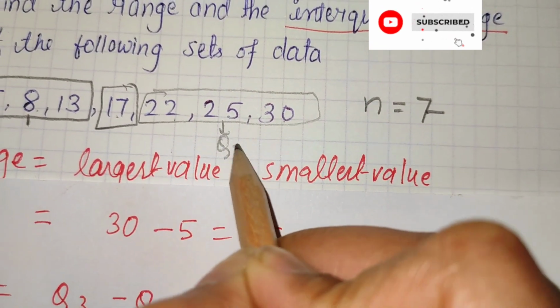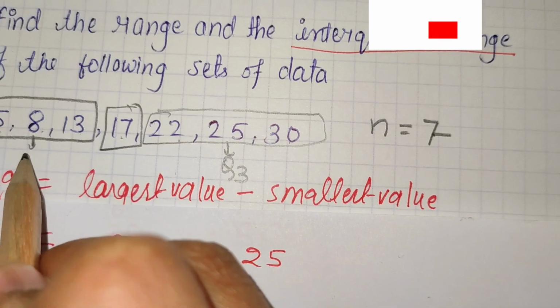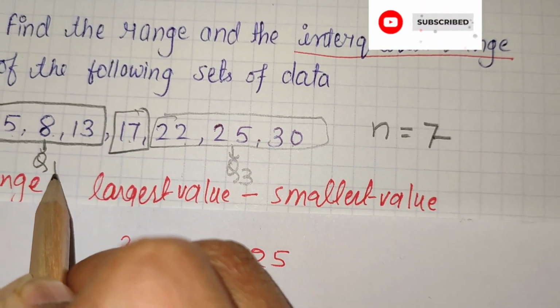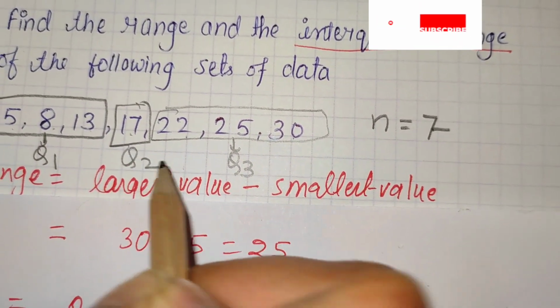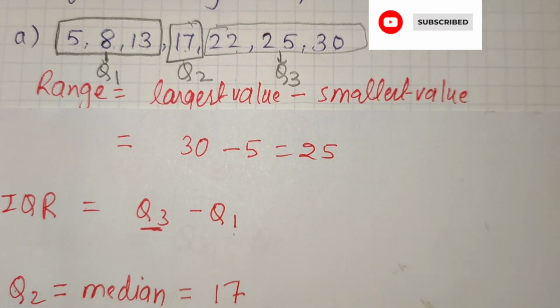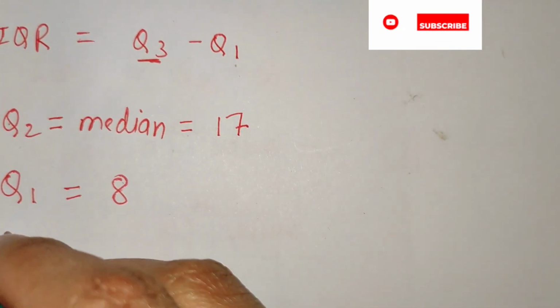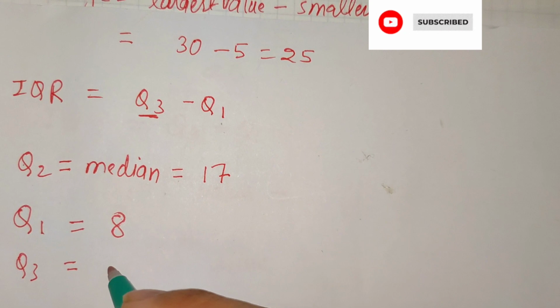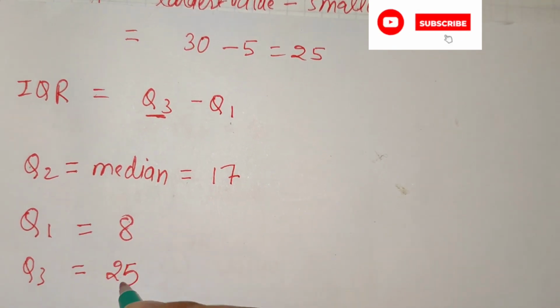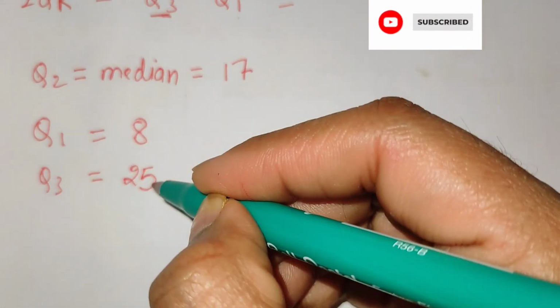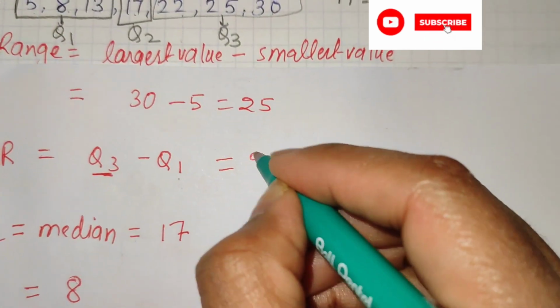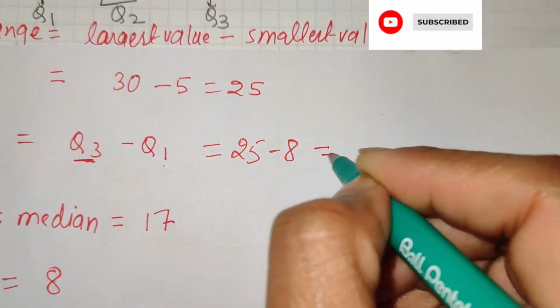Let me label Q1, Q2 and Q3, it will be much easier to see. So Q3 is 25. Now I have Q3, that is 25, take away 8, so 25 take away 8 gives me 17.